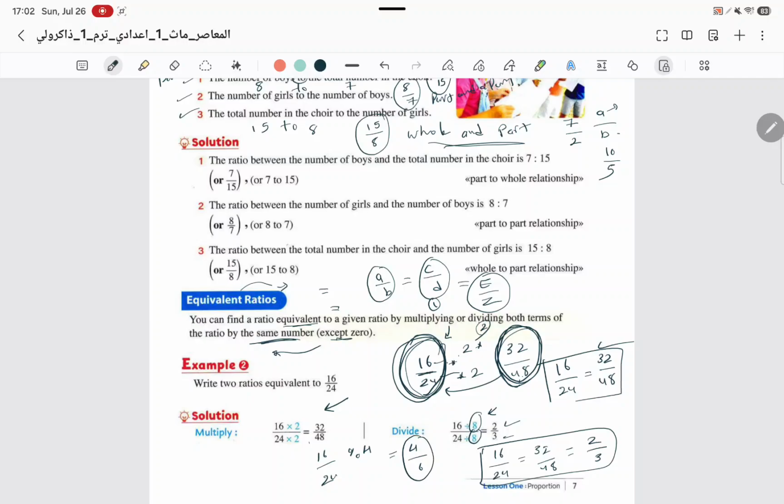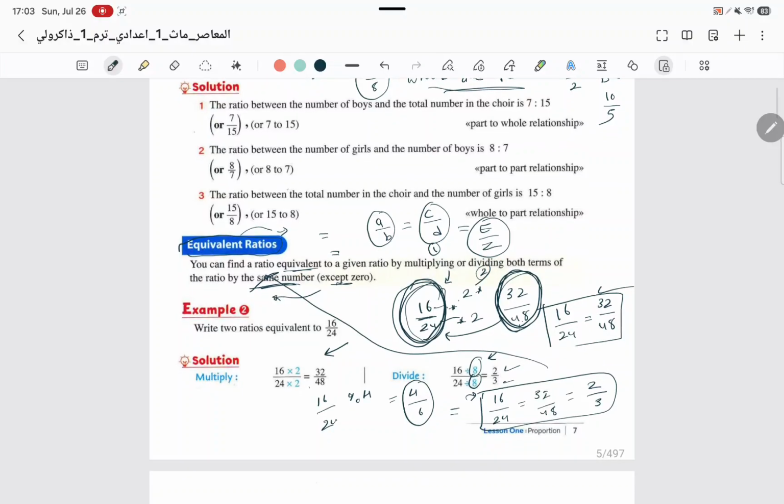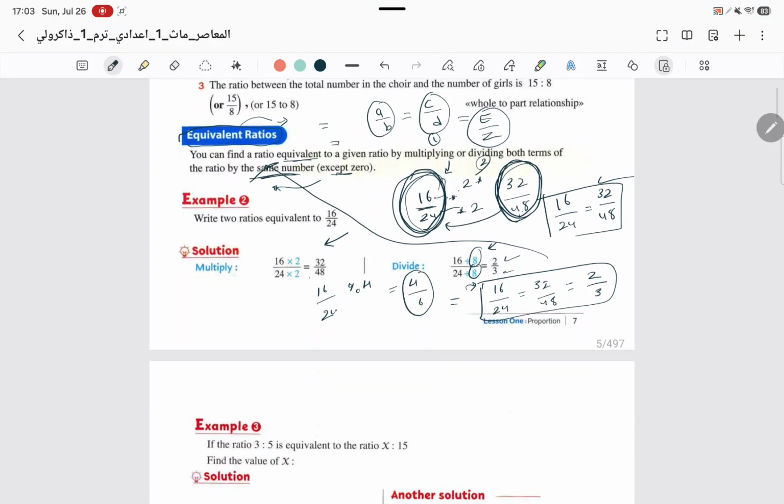Okay, so 4 over 6 is equal to these ratios. So 4 over 6 is equal to 16 over 24, is equal to 32 over 48, is equal to 2 over 3, which means we have what? Equivalent ratios. Means ratios that are equal to each other. Okay, so this idea is good and it's very clear now.